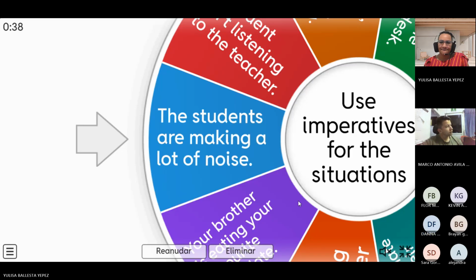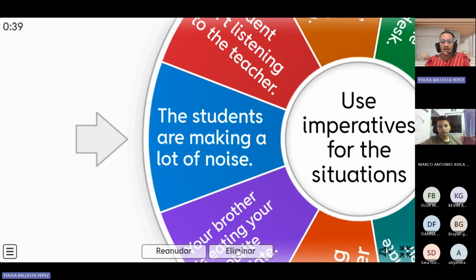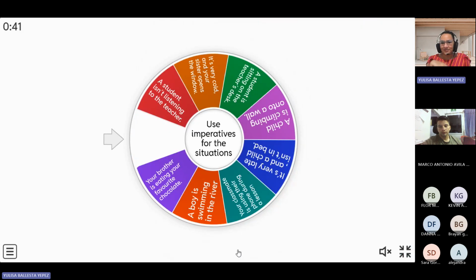Be quiet or don't shout. Yes, very good. Be quiet. That's a good one. Be quiet. Please be silent. Please be quiet. Please pay attention, okay? Those are imperatives.